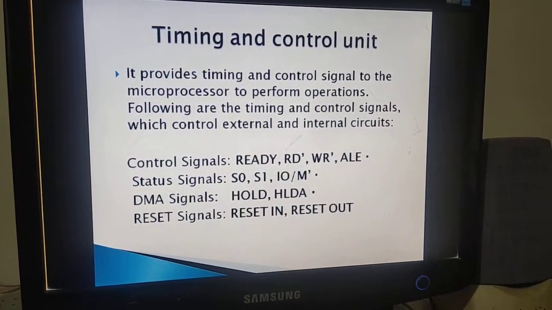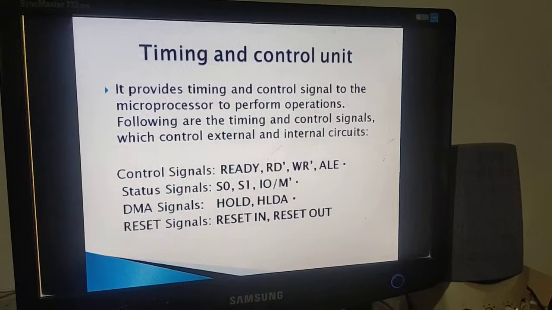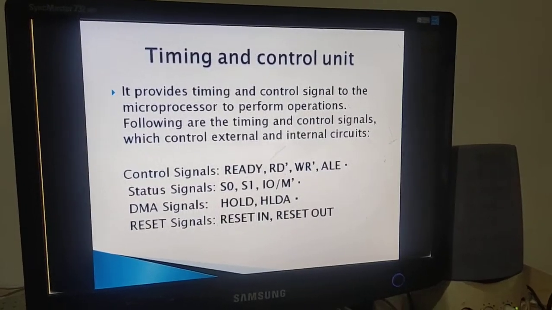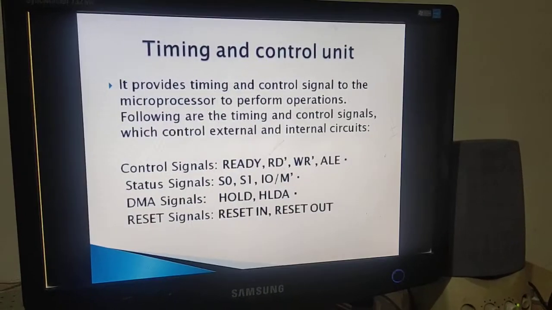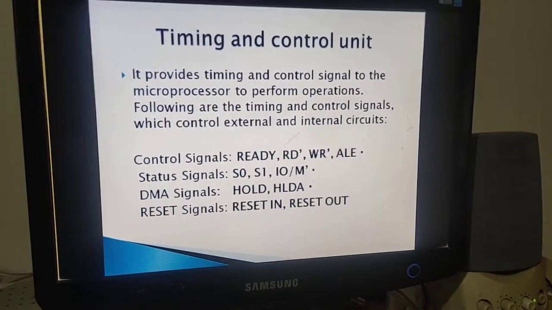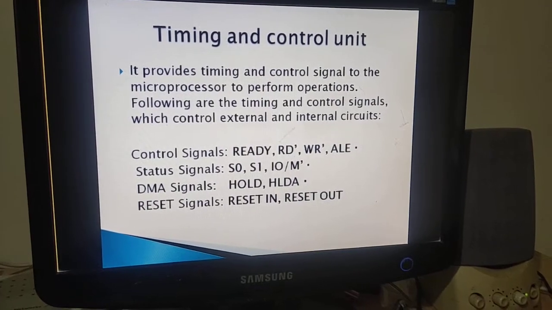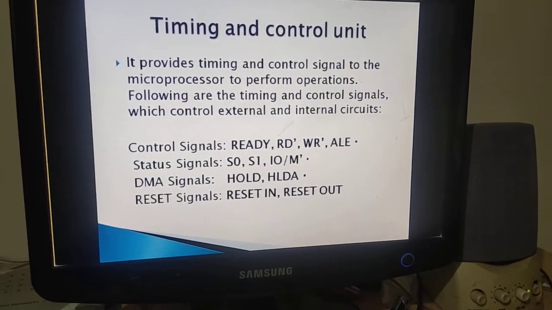Timing and control unit. It provides perfect timing and control signals for the microprocessor to perform certain operations. They are control signals, status signals, DMA signals and reset signals. DMA signals are basically a different kind of signal, and we will not concentrate much on that.